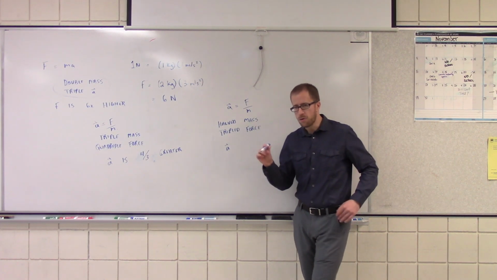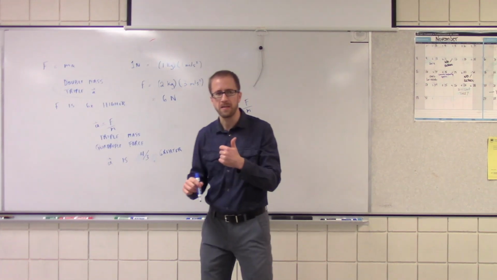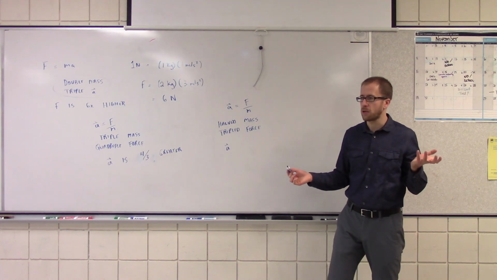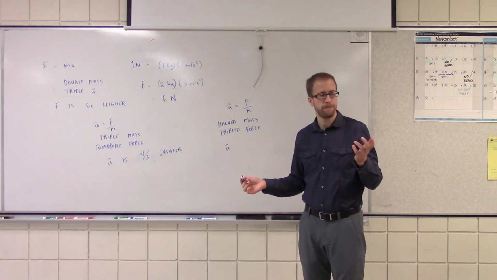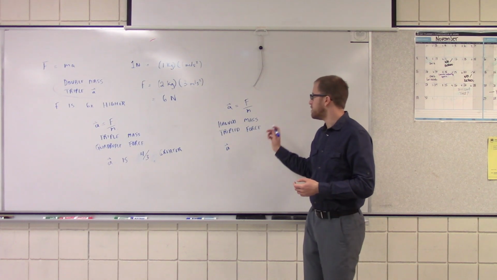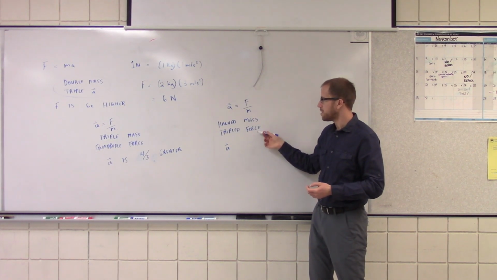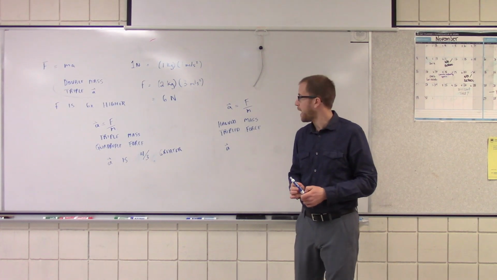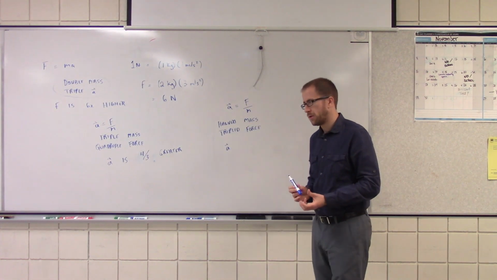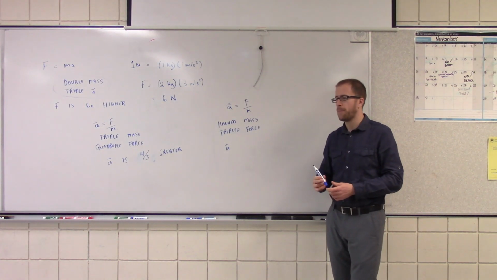Inversely, right? If I decrease my mass, I increase my acceleration. So if I halve my mass, how much bigger is my acceleration? Thank you, Alana. It's double, right? So I've doubled my acceleration as a result of this. And what happens here to my acceleration due to force? If I triple my force, what happens to my acceleration?